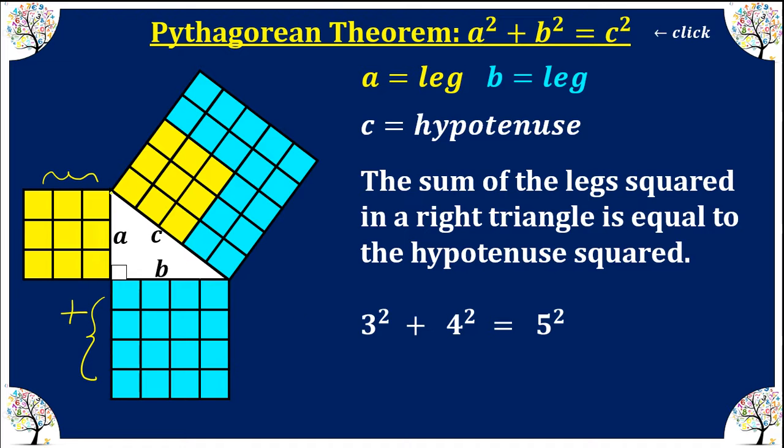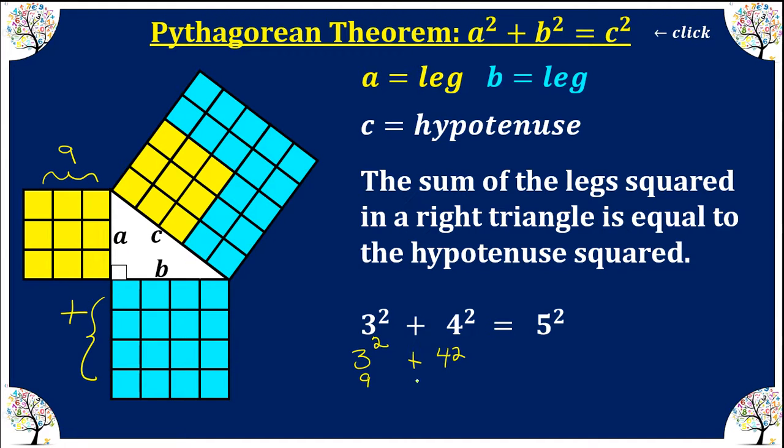We can see that the leg of this right triangle, the height here, A, is 3 units tall. When we square that, we get an area of 9. Then we have the other leg of this right triangle, and it is 1, 2, 3, 4 units long.